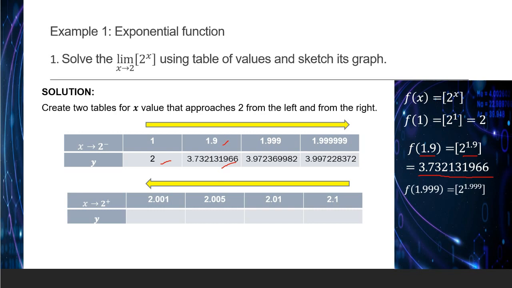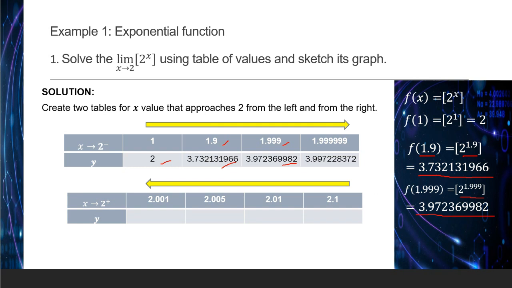Next, f of 1.999. So this is equal to 2 raised to 1.999, which is equal to 3.9723699982. Okay, here is the value of y.